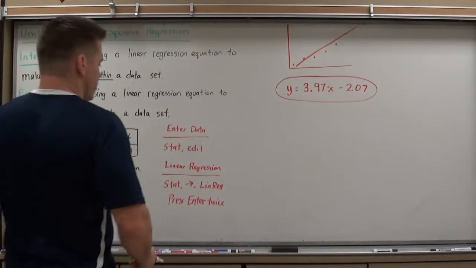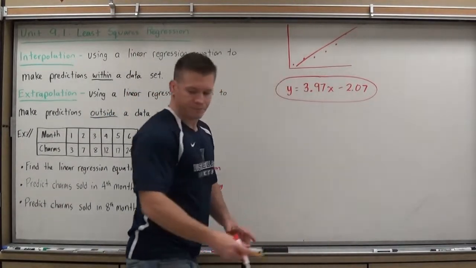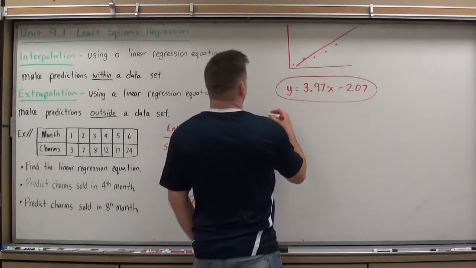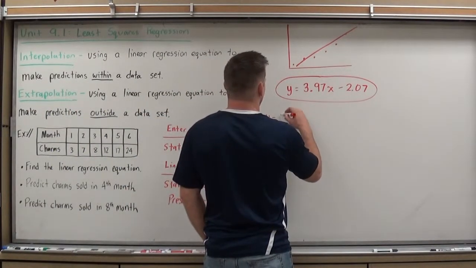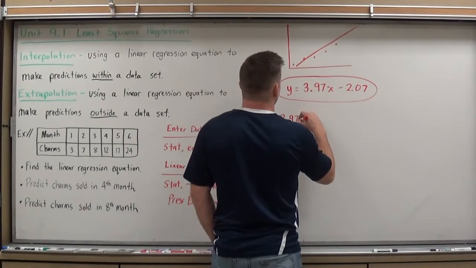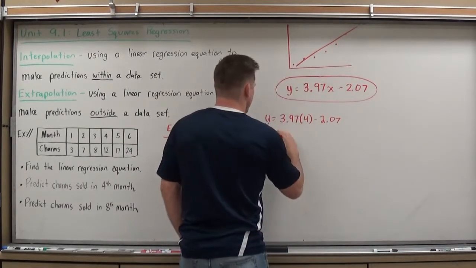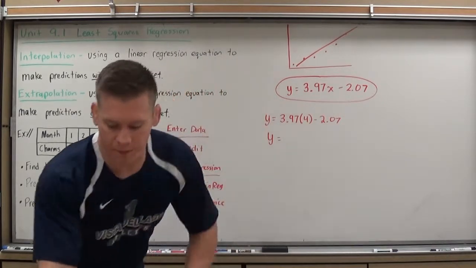Okay? Now I can use that equation to make some predictions. So the first prediction I'm going to make is predict the charms sold in the 4th month. So to make my prediction, I plug in 4 for the number of months, and I simplify this expression down.